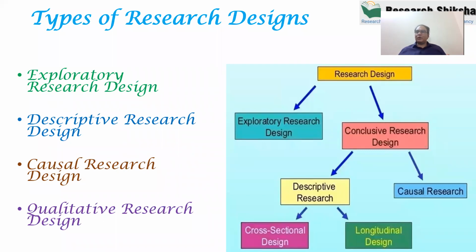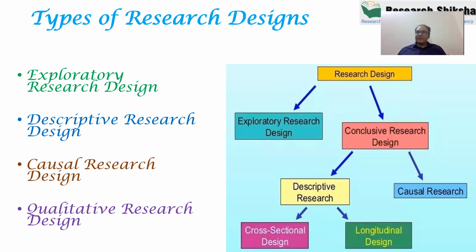The research problem is not clear, but after exploring, at the end of the exploratory research design, the problem will be clear. So we started from the ambiguity and reach the research problem. In conclusive research design, we start from the research problem and find out the conclusion of that. That is the basic difference between the two.